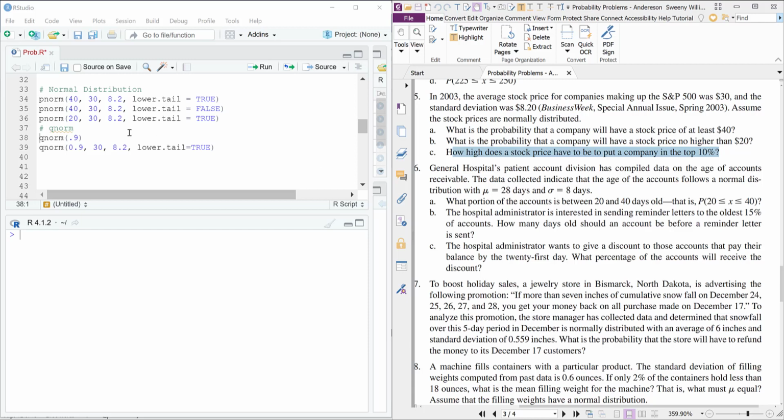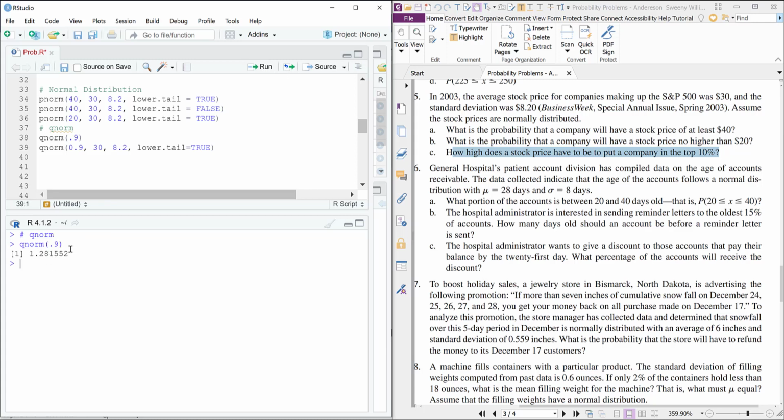So let's say if we want to calculate the z value that will correspond with this one, and that z value can be used to calculate the x value by using the formula z is equal to x minus mu over sigma. This is qnorm, and 0.9, that's 90% probability. And when I run this command it gives a z value of 1.28.